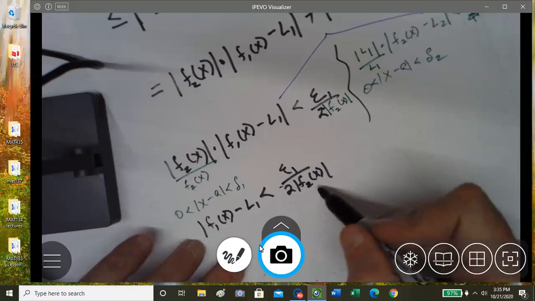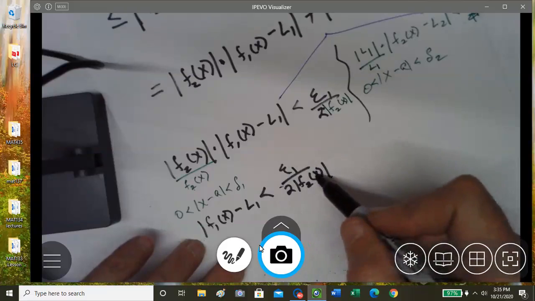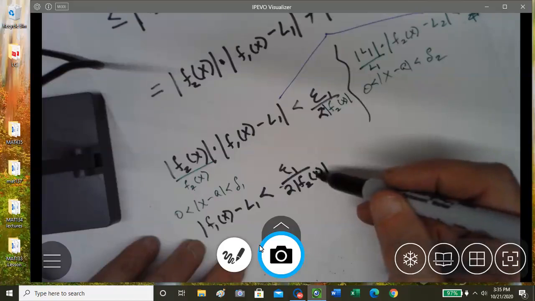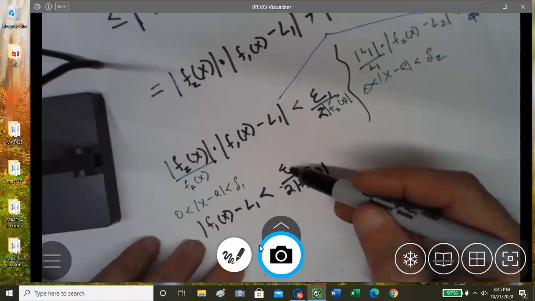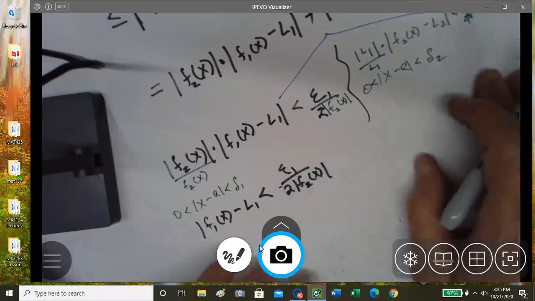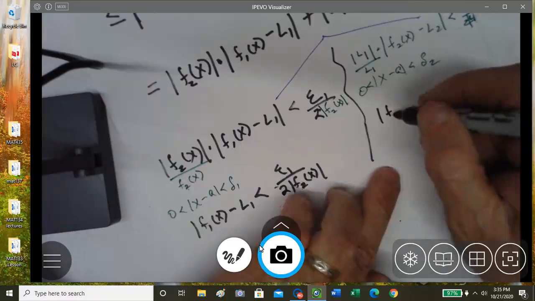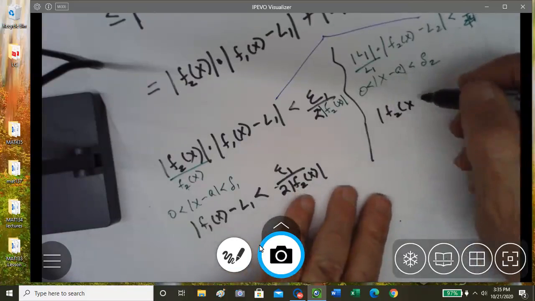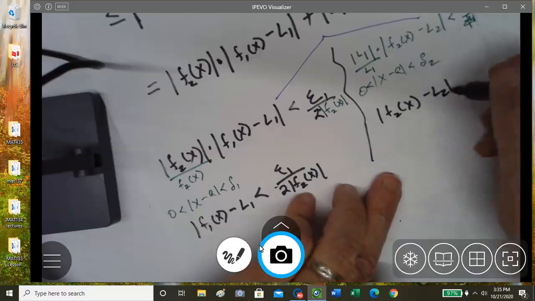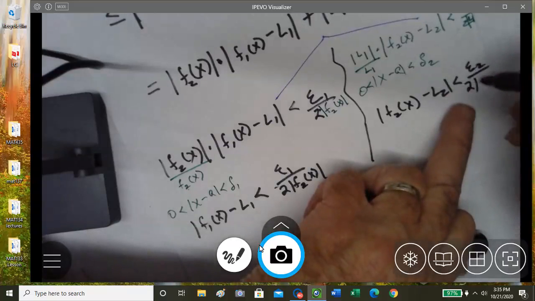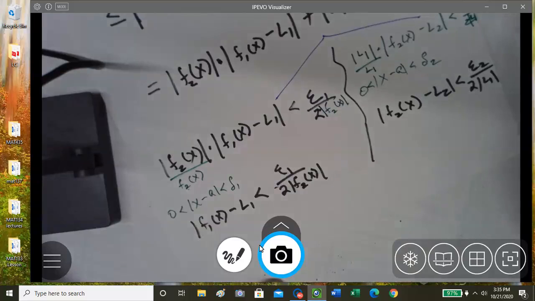Well, this is a problem here because as long as this is a variable, it's the same thing as a y value. You can't control epsilon, so we're going to have to do something about that. And on the right side, the absolute value of f2(x) minus L2 is less than epsilon 2 over 2 times the absolute value of L1.